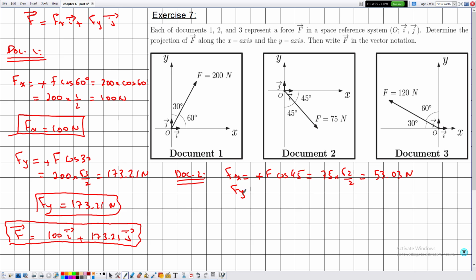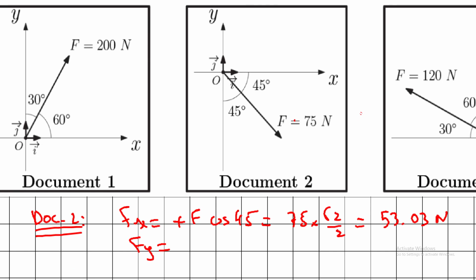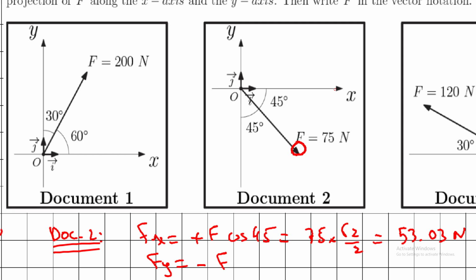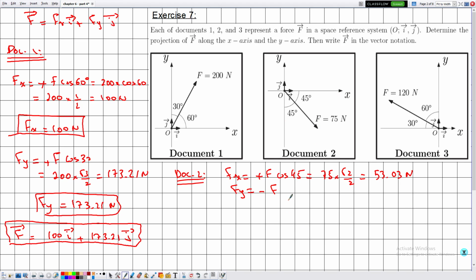Now as for Fy, notice that the force F is pointing in a negative direction with respect to the y-axis, so it's a minus sign, multiplied by the magnitude, which is F, times the cosine of the angle between the force F and the y-axis, which is 45 degrees. So this is equal to minus 75 times radical 2 over 2, which is equal to minus 53.03 newtons.